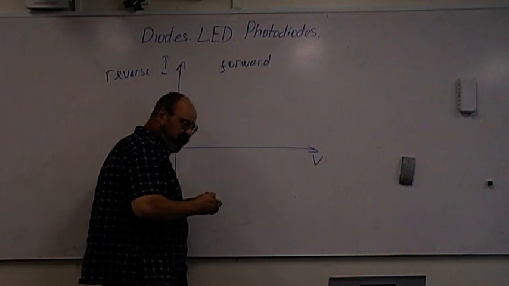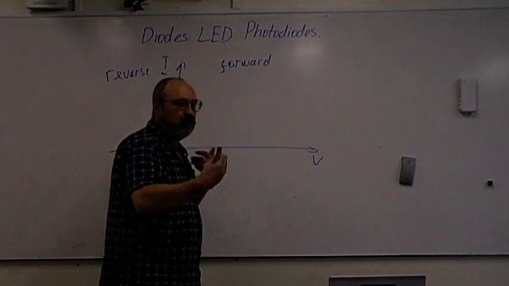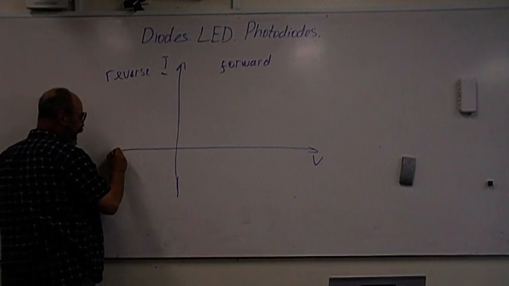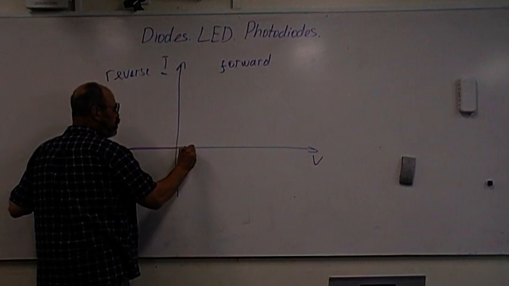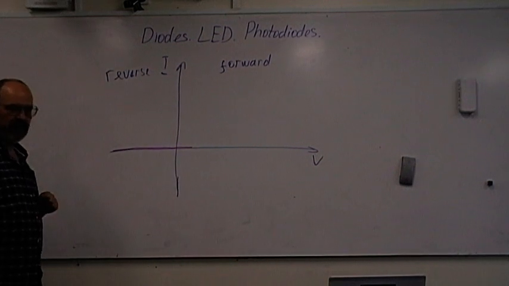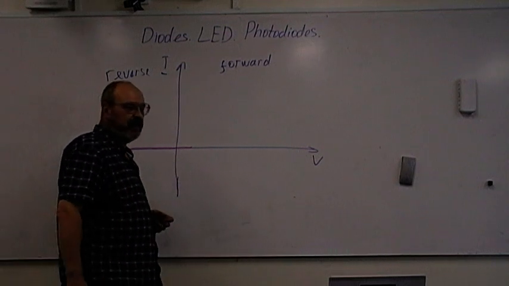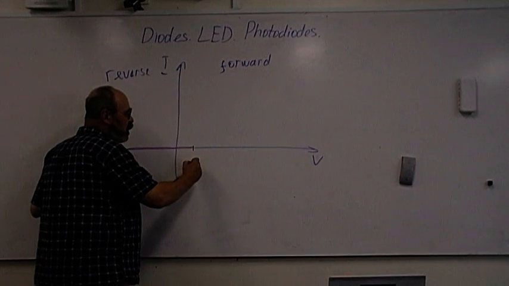For an ideal diode, if we connect voltage in reverse, there will be no current here at all. And it will be zero current up to a certain voltage, which depends on the voltage across that PN junction. And let's say this is 1 volt.